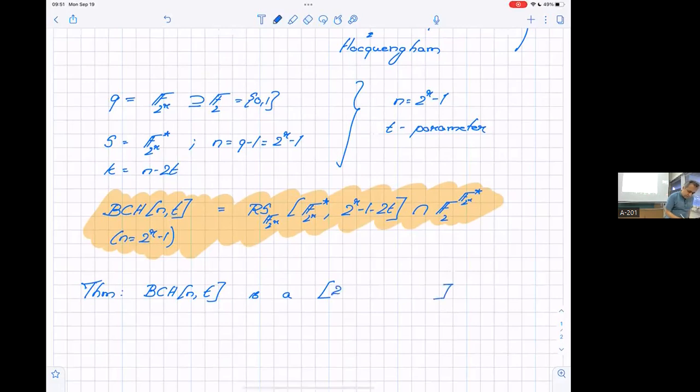What certain things we know: the block length is 2^r minus 1. That's clear. The distance is going to be at least the distance of the Reed-Solomon code, because it's only a subcode of the Reed-Solomon code. Therefore, it's going to have the distance 2t plus 1, which is the distance of the Reed-Solomon code. Now I need to put in the dimension.